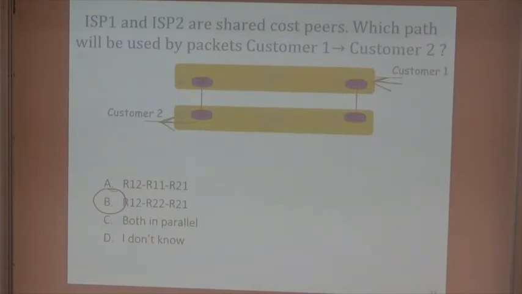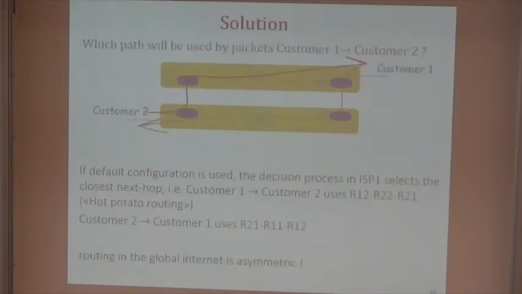This is often done in the internet, often but not always. It has a side effect. If both providers are applying hot potato routing, then routing from customer 2 to customer 1 will follow a different path. It will leave immediately here. So that's a cause for path asymmetry in the internet.